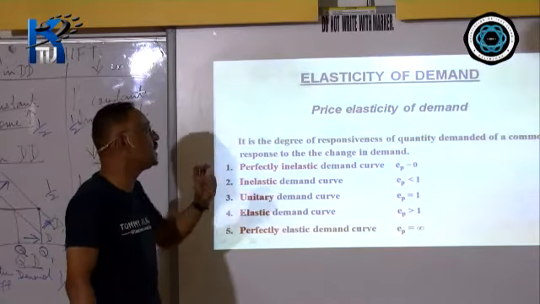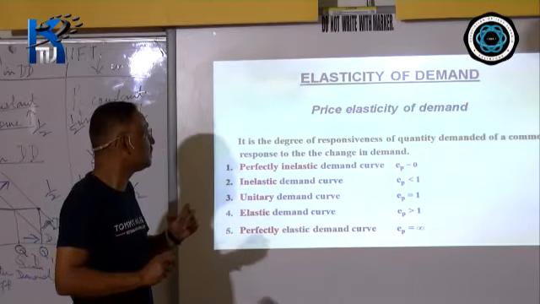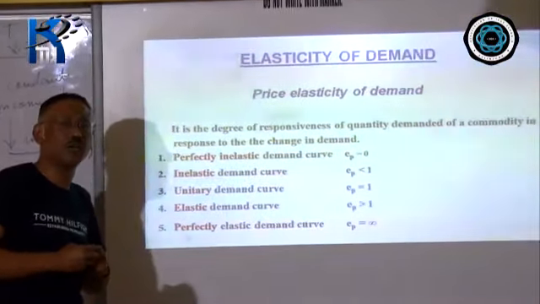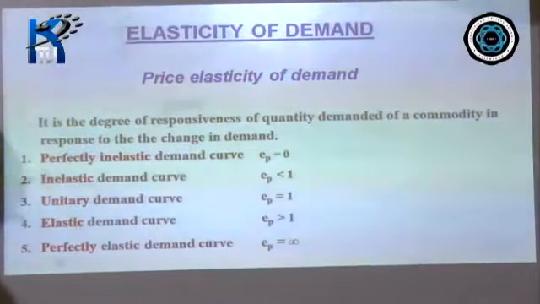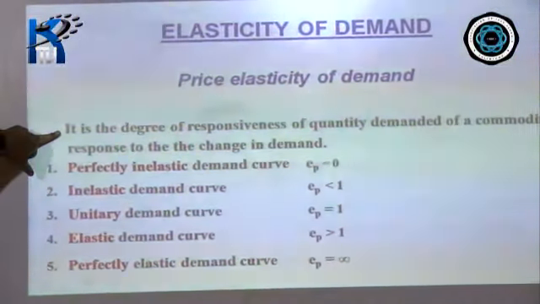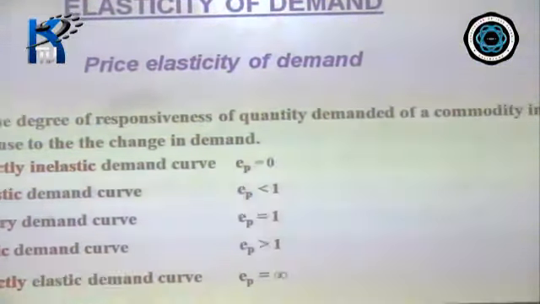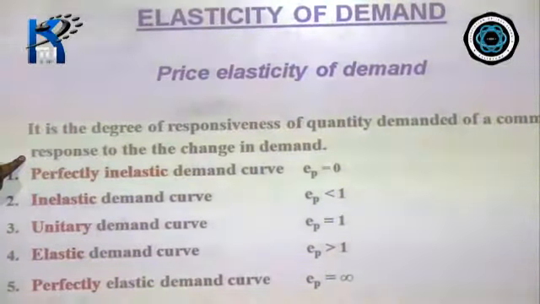Sometimes the price will increase, but the quantity demanded will not change. Sometimes the price increases a little bit and the quantity demanded will change by a huge amount. So please learn how much it responds.